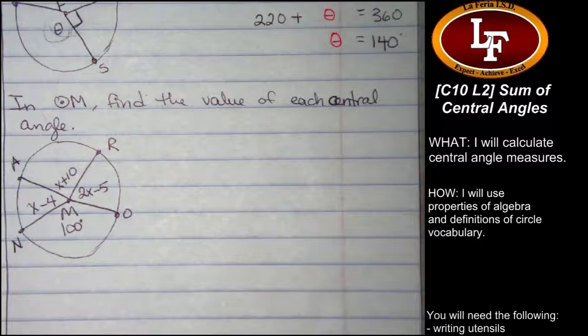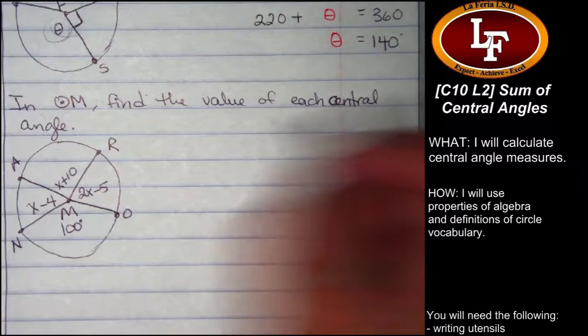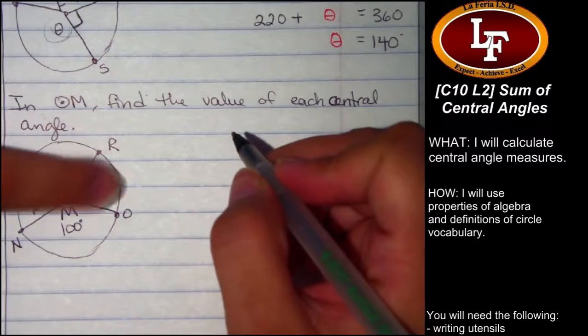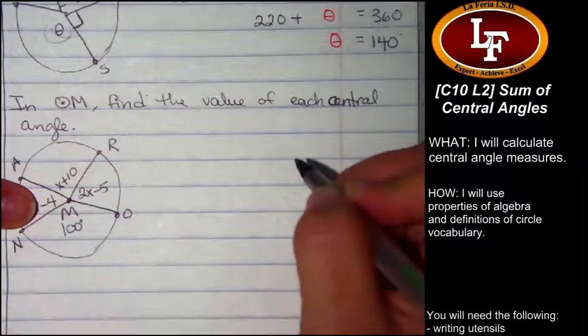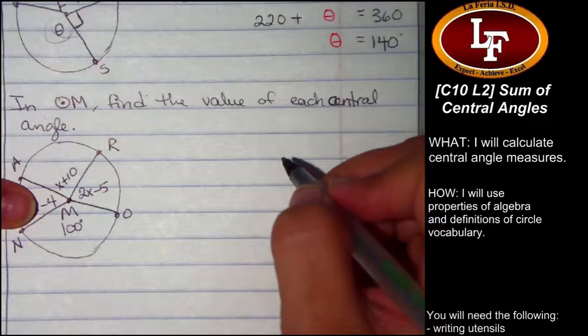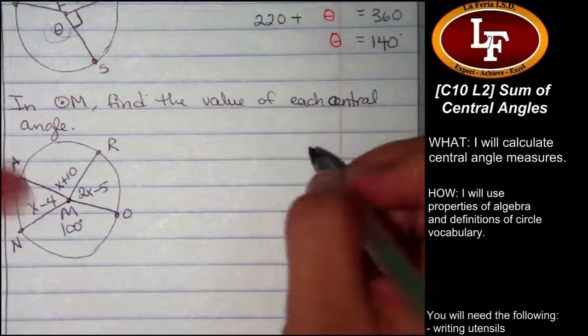Once again, the sum of central angles says that I can add up the measures of all of the angles that are coming out of the center of the circle. And when I add them all up, I'm going to get 360.